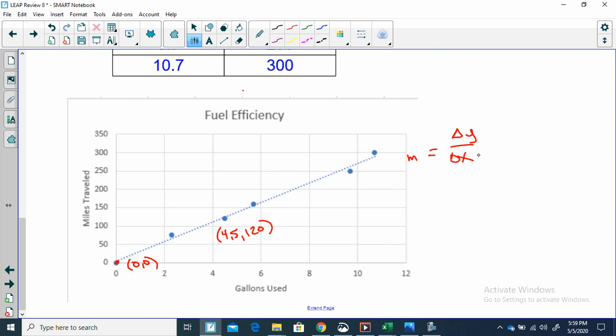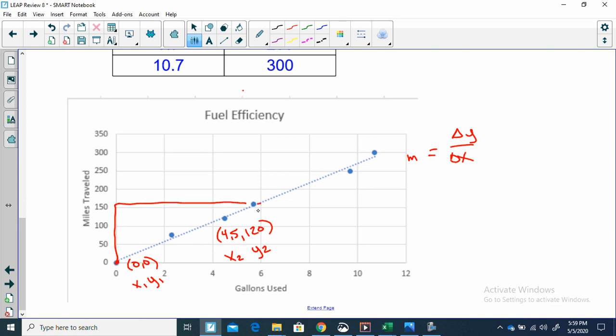Now, when we're talking about changing y over changing x, this is my x value and y value for the first point, and this is my x value and y value for the second point. I need to find the change in y.